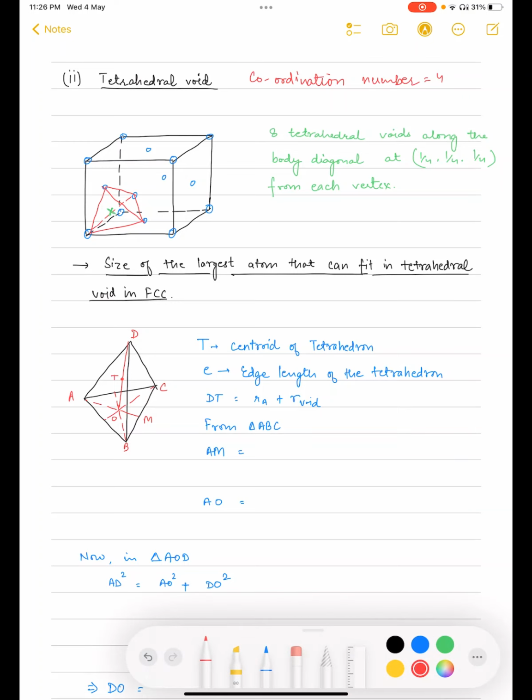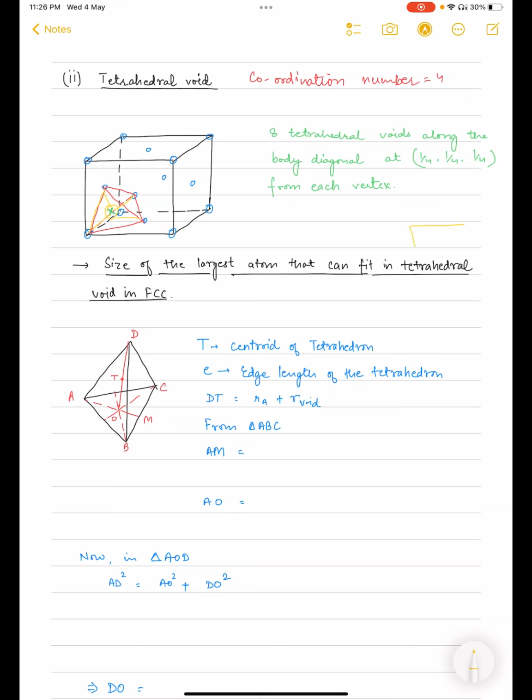Since the void is in contact with 4 atoms, here you can see this green cross is the void and it is in contact with these 4 atoms. For a clear imagination, if this is a regular tetrahedron, the void at the center is in contact with these 4 atoms 1, 2, 3, 4.